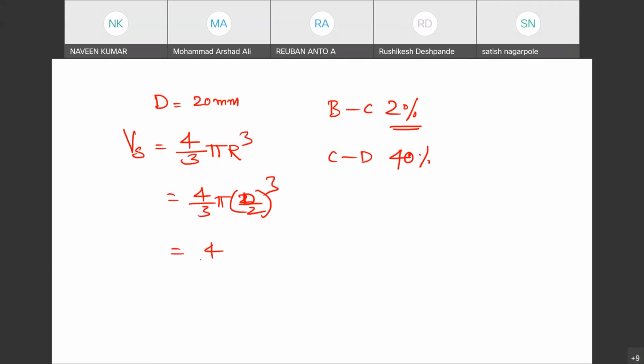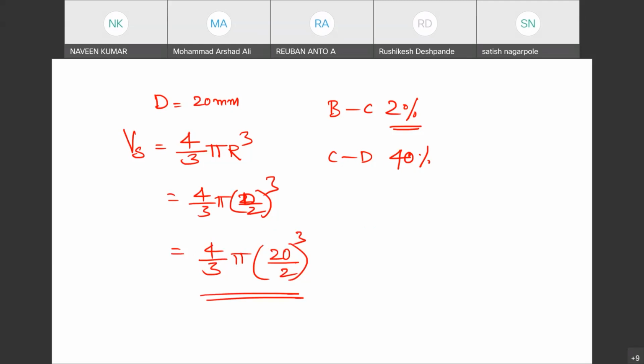So this is 4 by 3 pi, 20 by 2 whole cube. This is Vs, right? So now this is the volume of sphere.